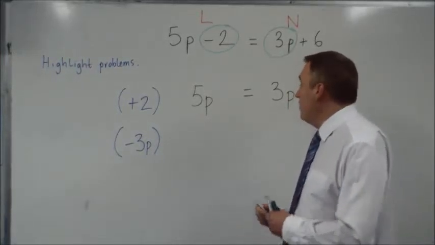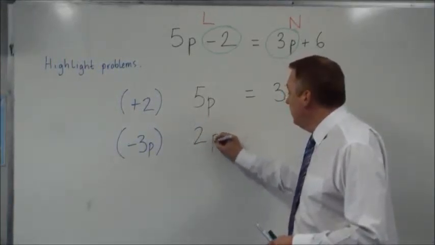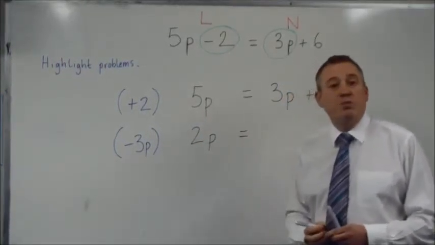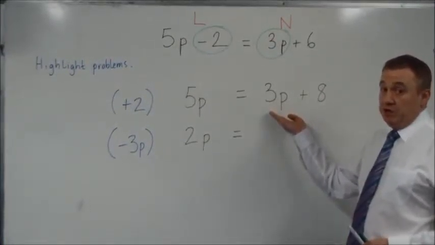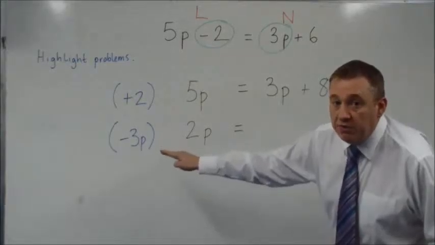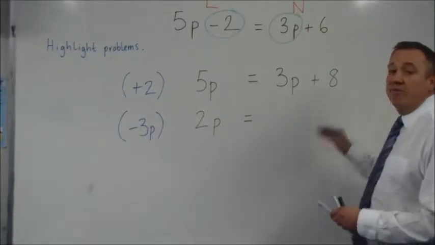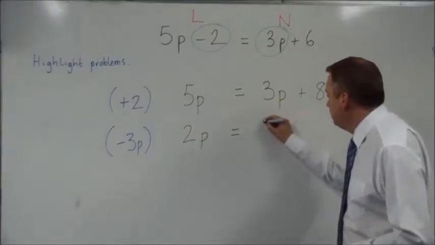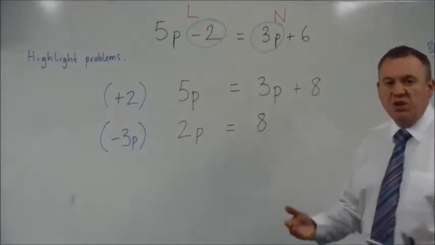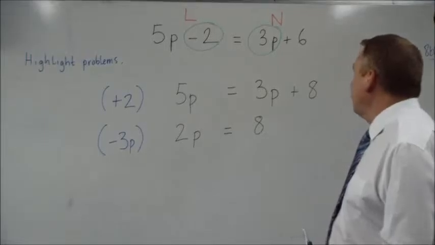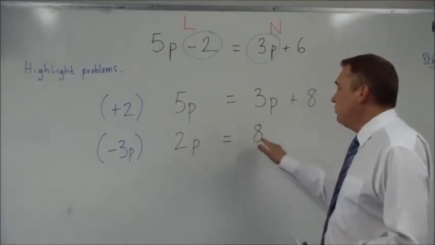If I take 3p off, I have 2p left. I'm going to take my 3p off of the right hand side. That was the point of dealing with that problem. I'm just going to have plus 8 left. I don't have to put my plus next to the 8, we assume that it's there. So I now have 2p equals 8.